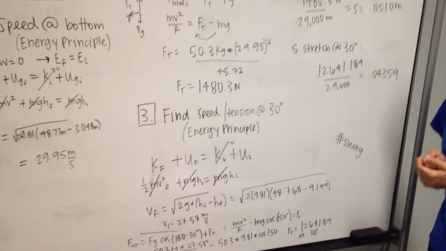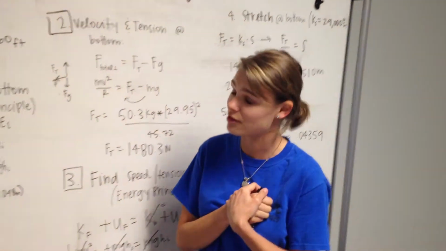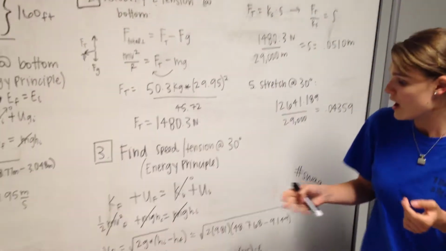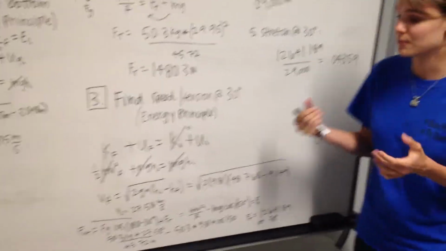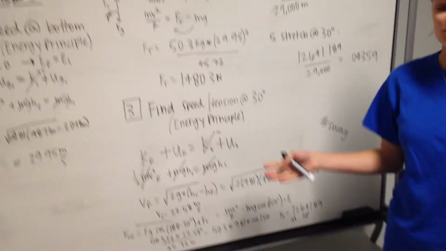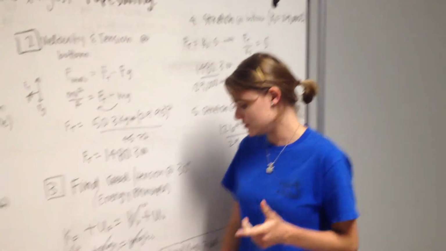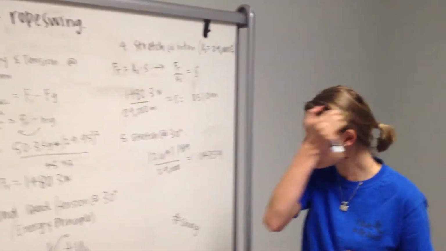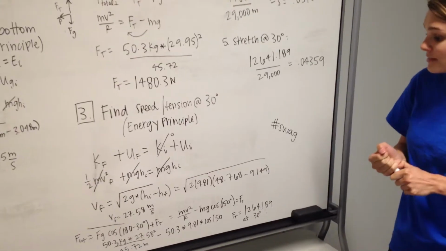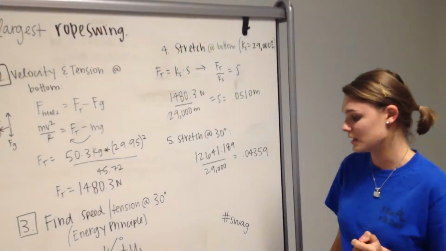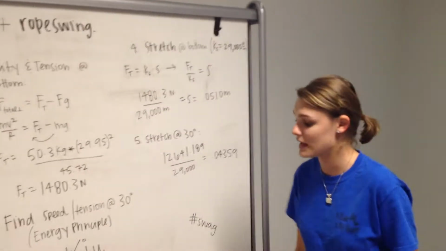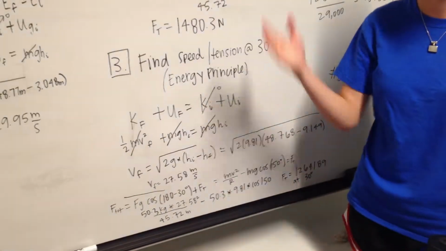So then we're going to do this exact same thing, except we want to find the speed and the tension at 30 degrees now. So again, we're going to use the energy principle. Again, we're going to initially cancel out our kinetic energy because it's going to be zero, and use all of those same exact equations. The only thing that we're going to change is I'm going to include a cosine of 180 minus 30 to account for the 30-degree angle.